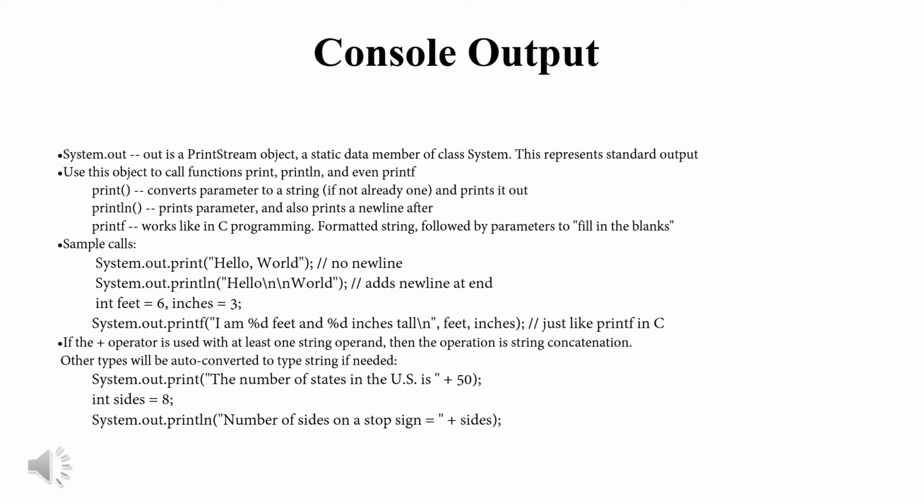Or for example, we have System.out.println. So it will print the message and then after that we will print a new line. Or in the next part we have System.out.printf. We have a message and inside the message we are going to print the value of two variables, feet and ints.